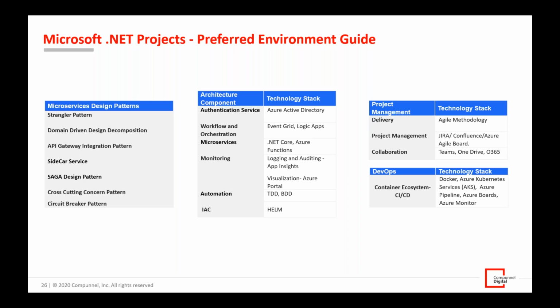The Saga design pattern we talked about is an event driven design pattern. We have to work on that. Then the cross cutting concern pattern and the circuit breaker pattern. Circuit breaker is one of the well known patterns, because when you talk about microservices or any cloud, a lot of small requests come to and fro, so the cost of sending any request is quite costly, and you really want to implement the circuit breaker pattern to understand how your requests are coming.